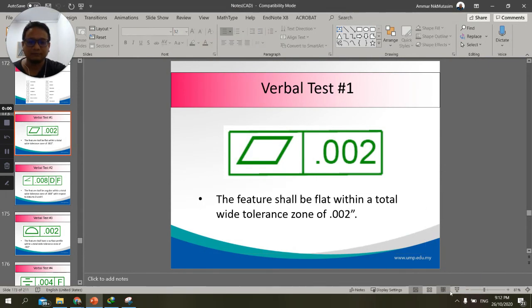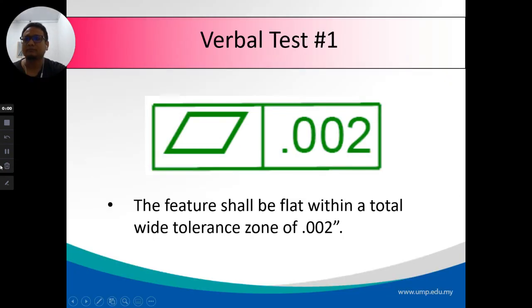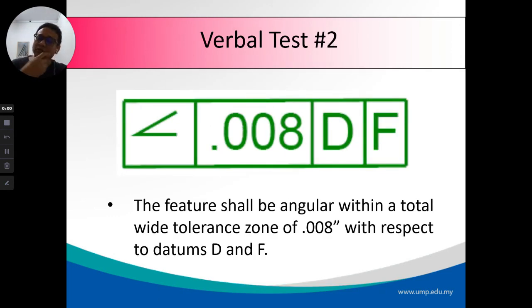The second one is: the feature shall be angular, so it has an angular within a total wide tolerance of 0.008 with respect to datum D and F.